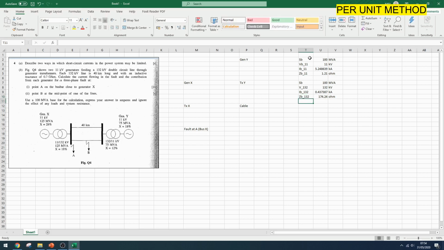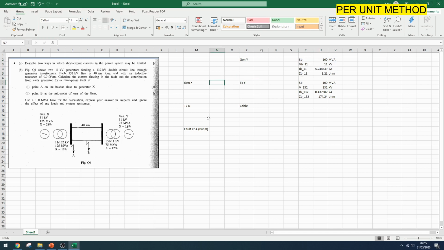So these are our base calculation lah for the S base in voltage, current and so on lah. So what do we need to do first? Number one is what is the data given.